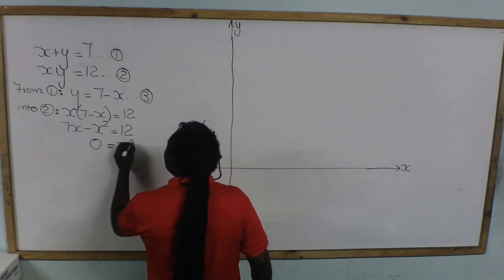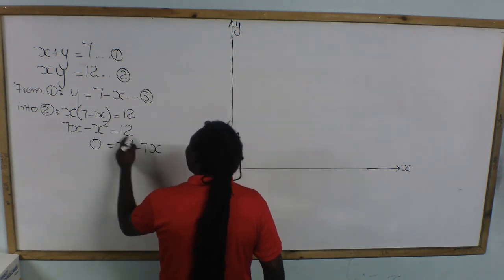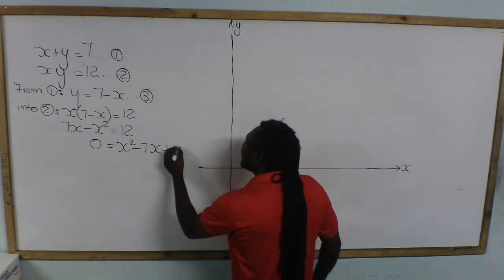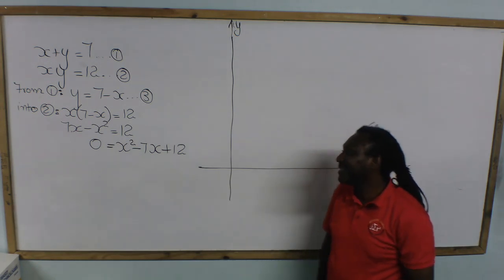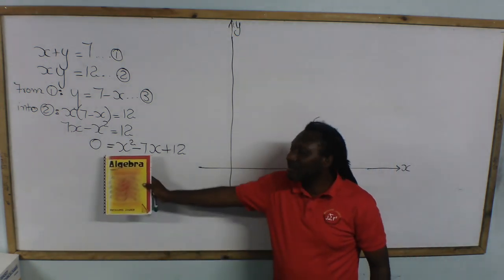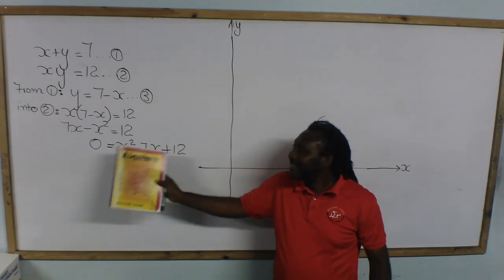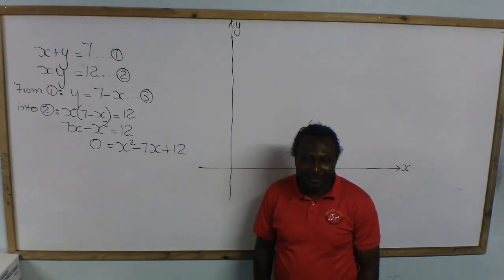We have x squared, minus 7x, plus 12, and of course we have that is equal to 0 already. Is this acceptable? To have everything else on the right hand side and 0 on the left? I know some used to do it.